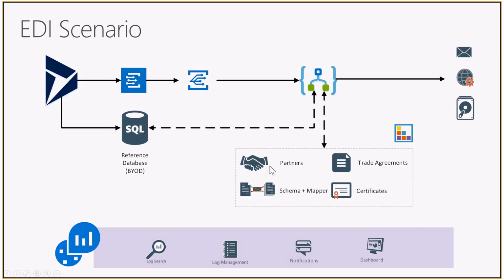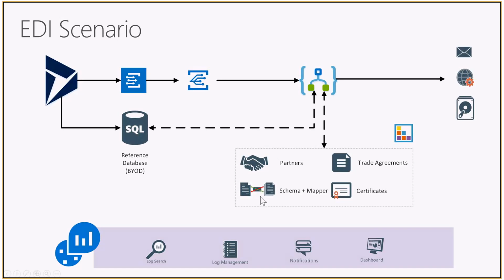Once someone purchases this pack, they'll be able to go define partners. I have an example scenario where I'm doing a partnership between Fabrikam and Contoso, two favorite companies. And you can define what we call trade agreements. A trade agreement would say, for a given EDI flow, what is the protocol that company A and company B have agreed to.